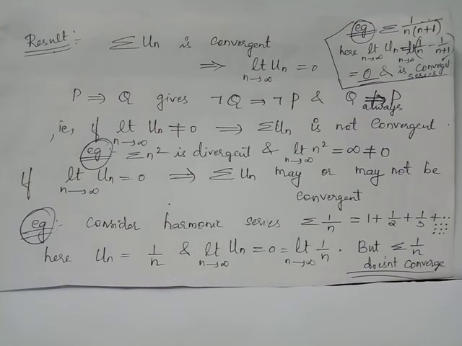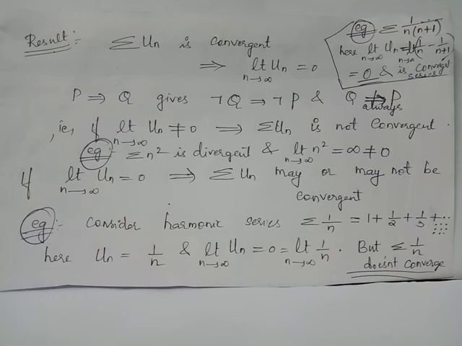From these observations, it's clear that whenever you get an infinite series, first of all you take the general term un. When you give limit n tends to infinity to this general term, if you are getting a value which is not equal to 0, directly you can conclude that the given infinite series will be divergent. Suppose you have limit n tends to infinity un giving you the answer as 0. There are two cases which follow.